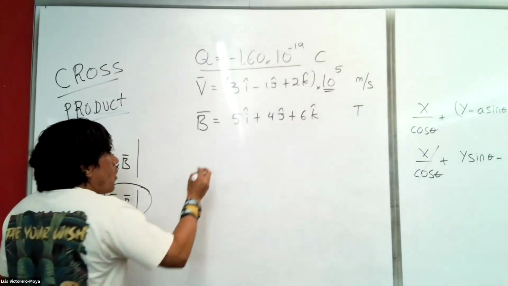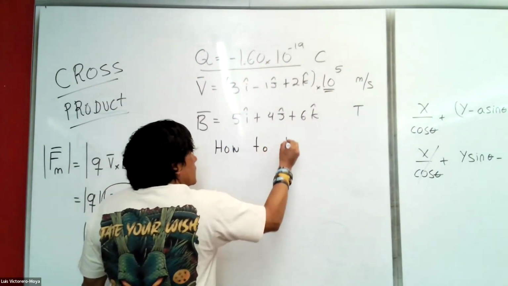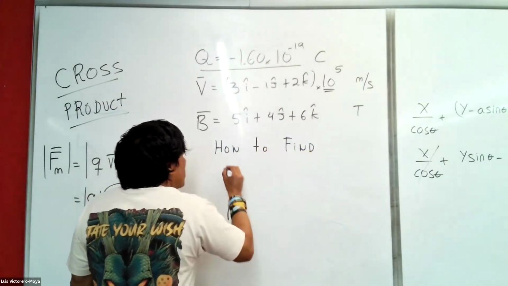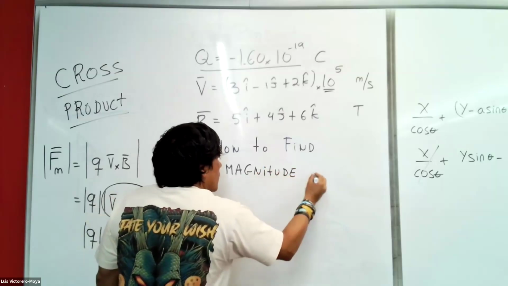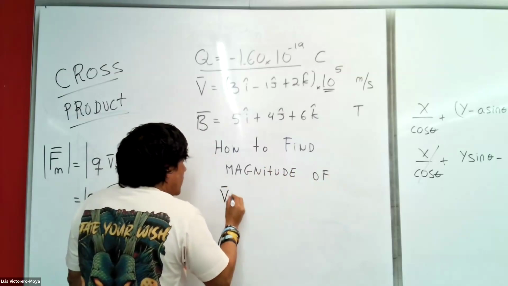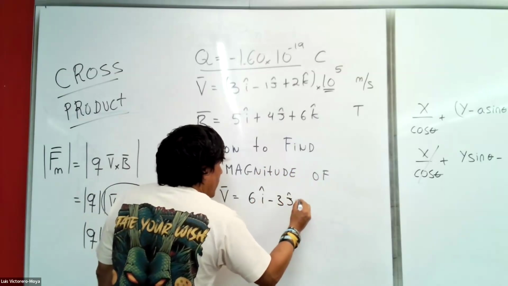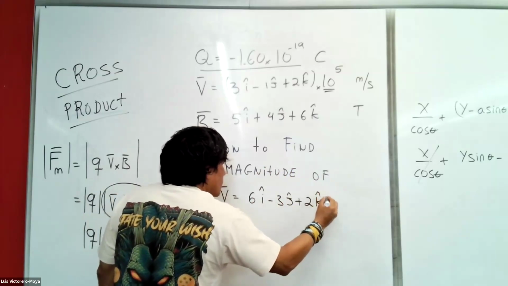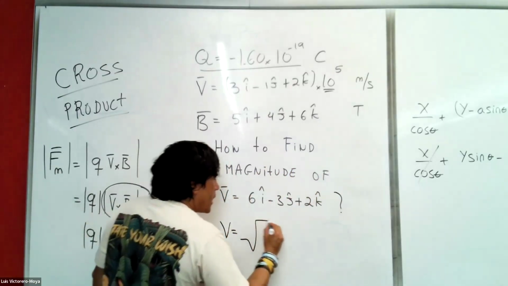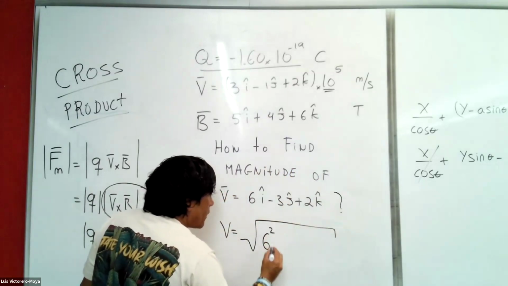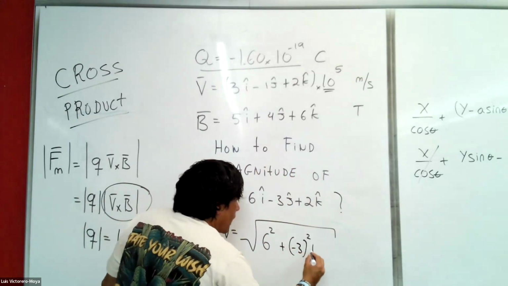So let's see how to find the magnitude of a vector in 3 dimensions. Say vector V equals 6i minus 3j plus 2k. The magnitude of V will be the square root of 6 squared plus negative 3 squared plus 2 squared.